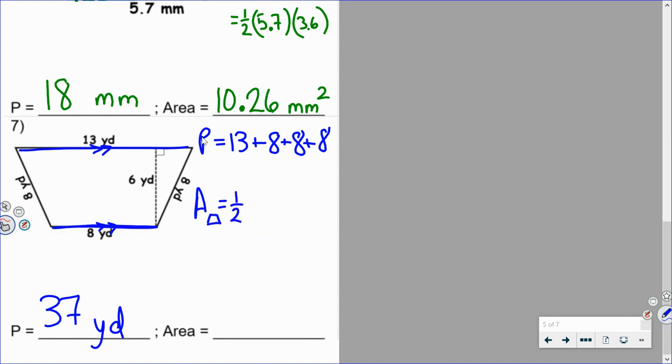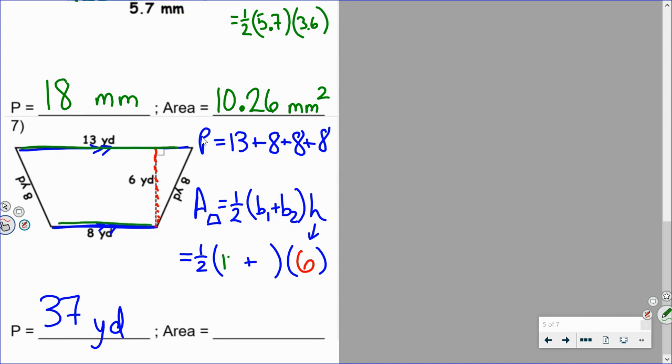To find the area of a trapezoid, we're going to multiply 1/2 times the sum of the two bases times its height. Now, if I could stretch this out just a little bit, for whatever reason, I tend to go with the height first. I don't know why. It just kind of sticks out to me. Stand up straight and tall, right? That's why that 6 is in the picture, because you must have the height. Meanwhile, the two bases are the two sides that are parallel.